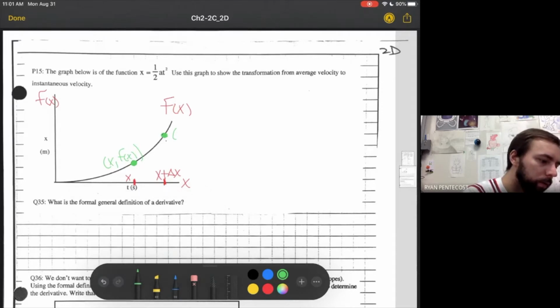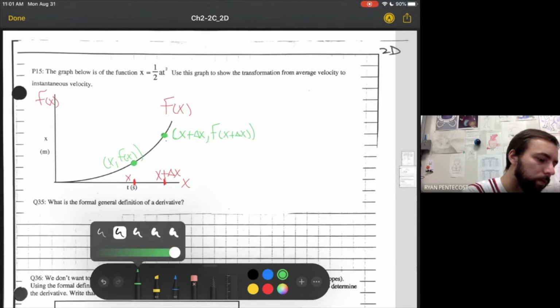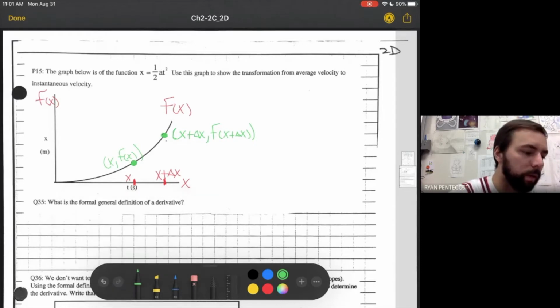And now the x value of this point is x plus delta x, and the y value would be f of x plus delta x. So these are the 2 points that we're dealing with, right?